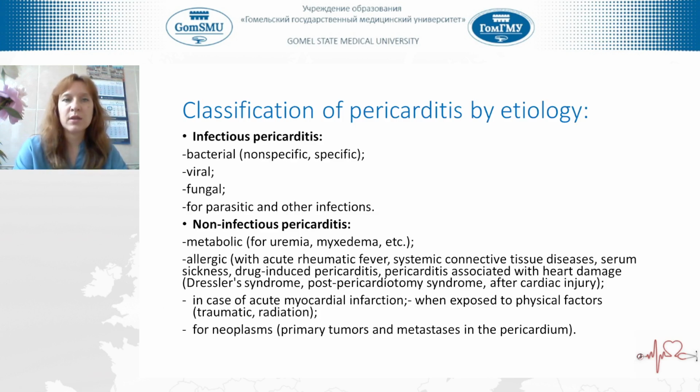According to etiology, we can divide pericarditis into infectious and non-infectious pericarditis. Infectious pericarditis is caused by bacterial, viral, fungal, parasitic and other infections.